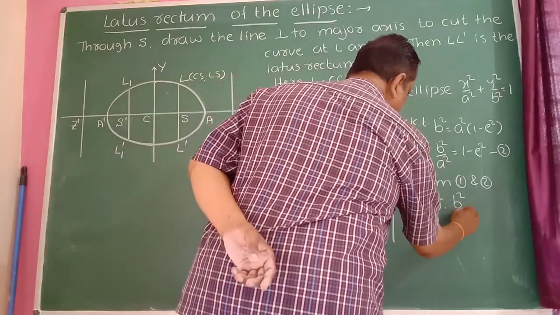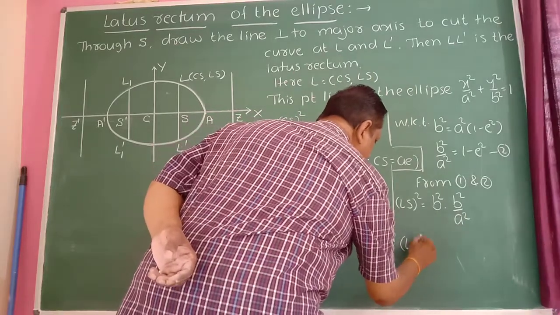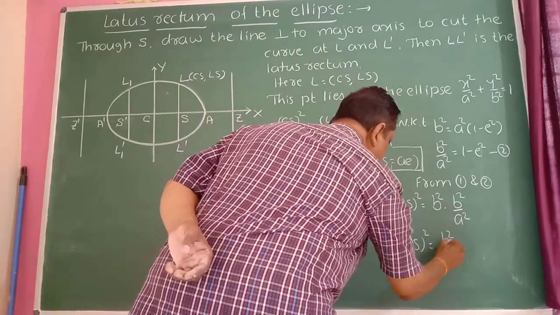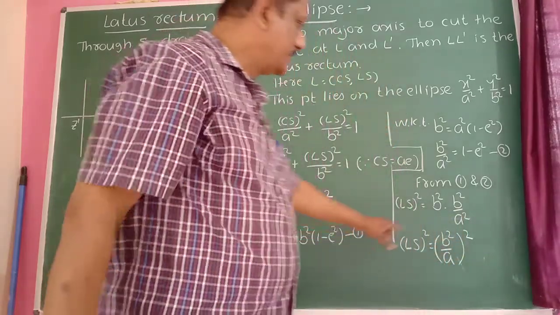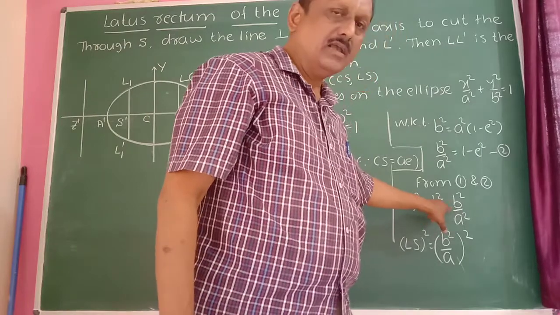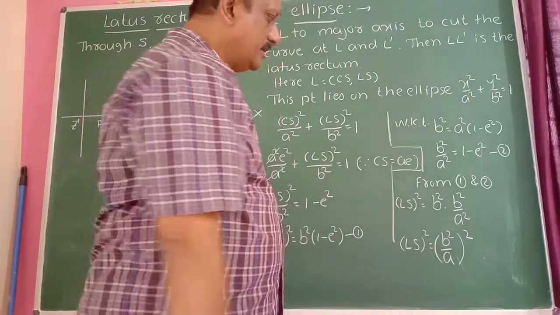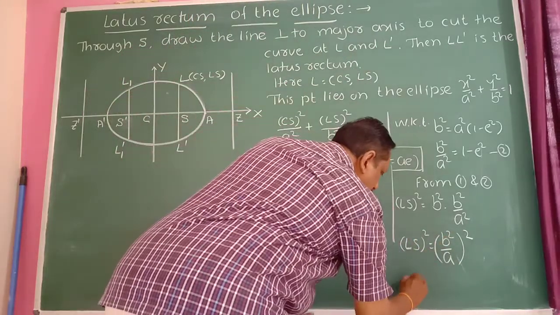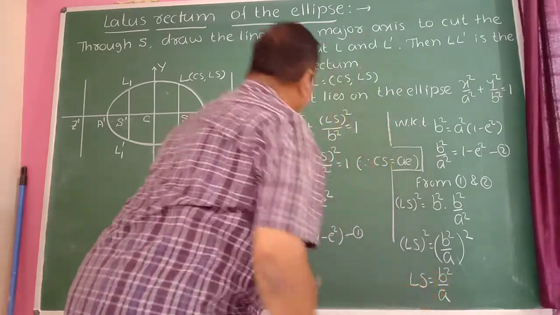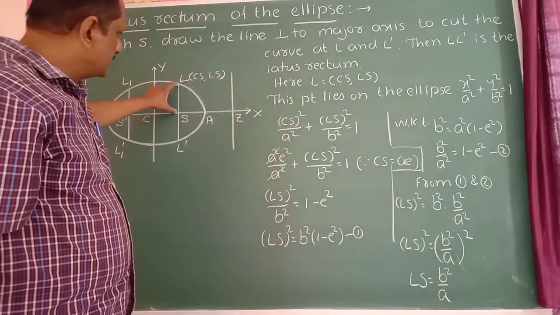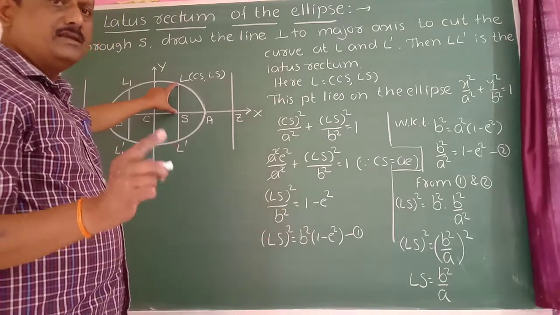Therefore, LS square is equal to b square divided by a, whole square, because b square into b square becomes b raised to 4, and b raised to 4 upon a square is b square upon a whole square. Then the square cancels. Therefore, LS is equal to b square upon a. It is called the length of the semi-latus rectum.